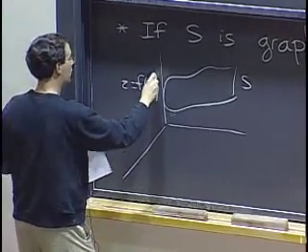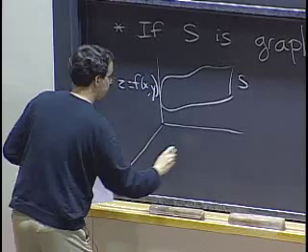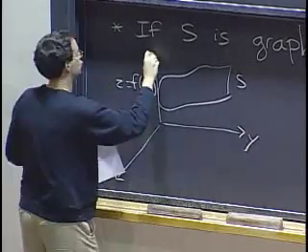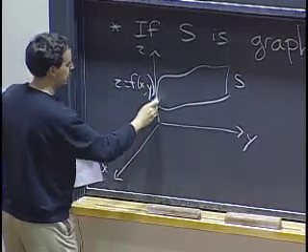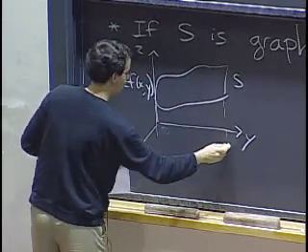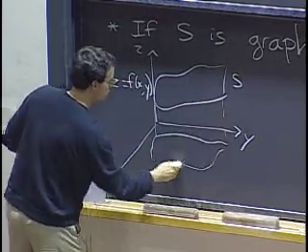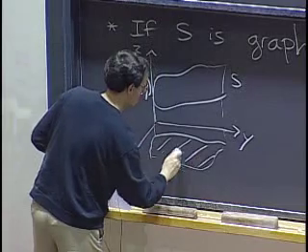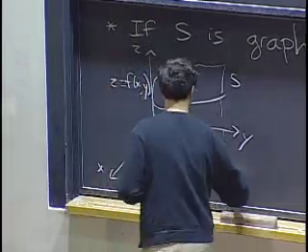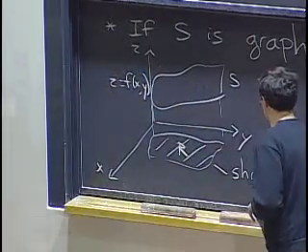Z is a function of x and y, and x and y will range over some domain in the xy plane, namely the region that's the shadow of the surface on the xy plane.